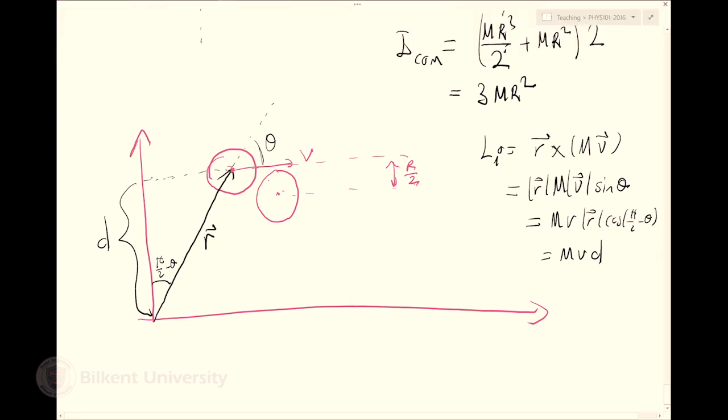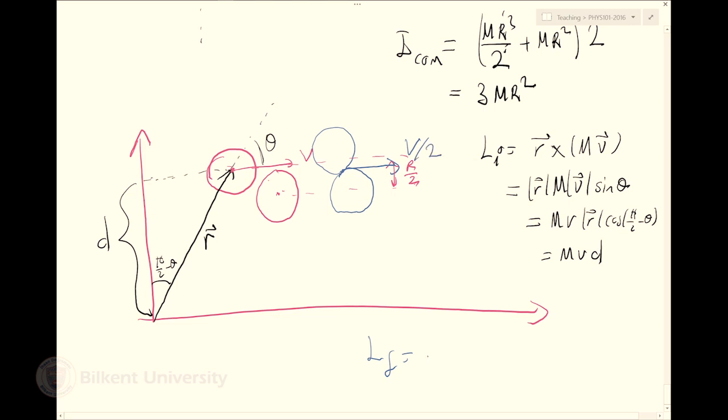How about right after the collision? After the collision, I'm drawing it in a kind of strange shape, but I think you understand. Red is before the collision, blue is after the collision. Okay? What's my final angular momentum? Now I have two components. I've said that this is going to be v over 2.